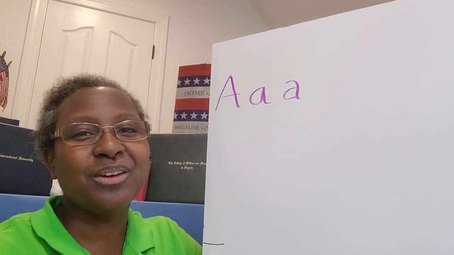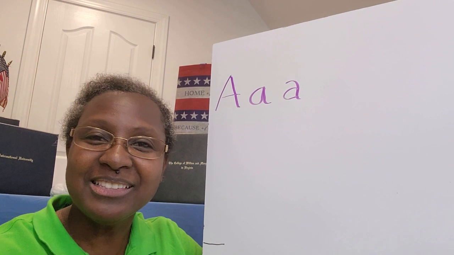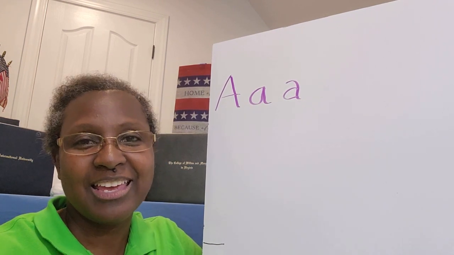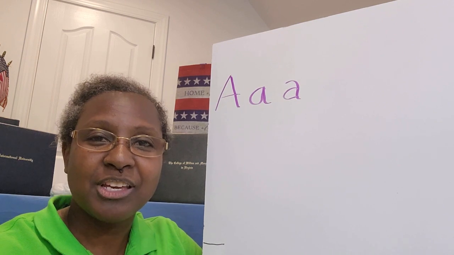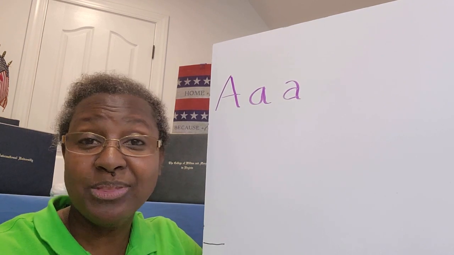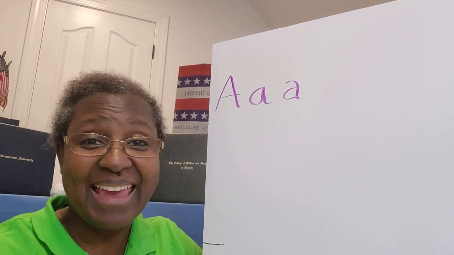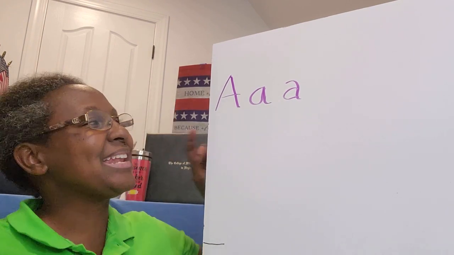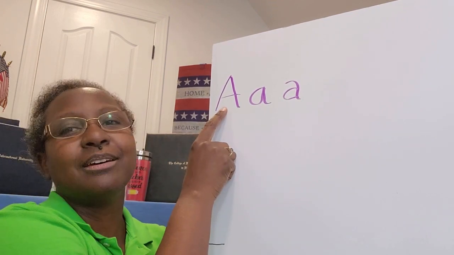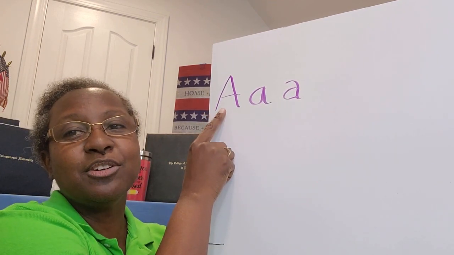I will be using words from the vocabulary list in the USCIS material and contents, and I'll use those words as pronunciation practice. So let's start with the letter A. I've written A in 3 different ways. Remember we talked about big or uppercase or capital letters?